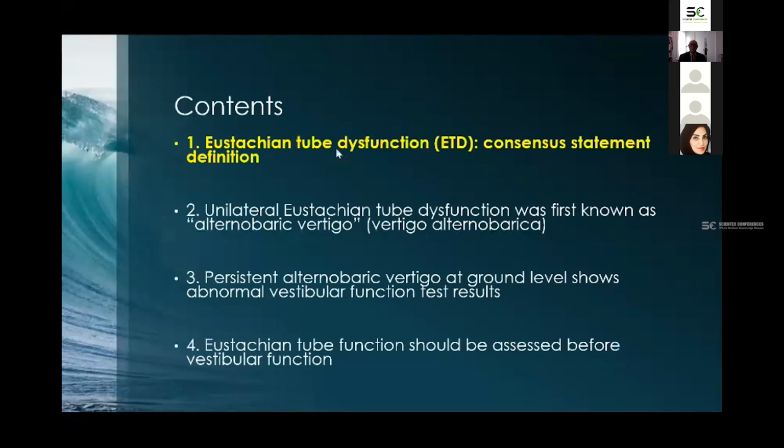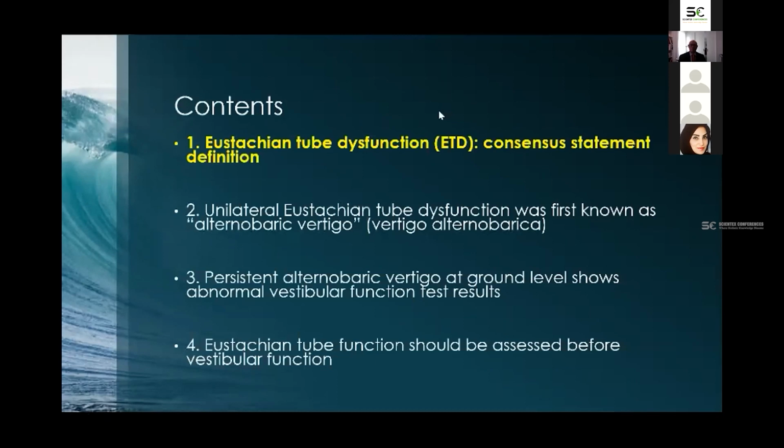Today I'll be talking about Eustachian tube dysfunction, ETD. We will start by reviewing the consensus statement definition of ETD so that we are all working from the same definition. I will discuss the early literature on unilateral ETD, which was first known as alternobaric vertigo, ABV.